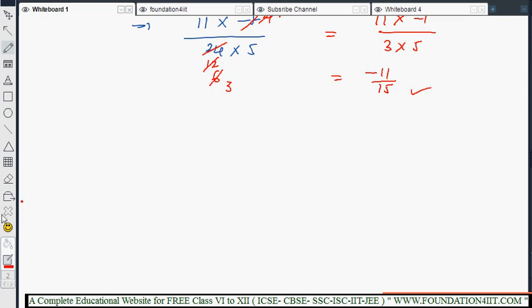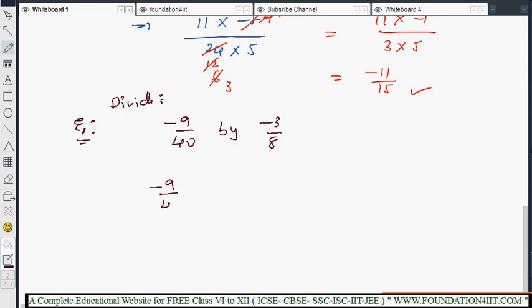One more example I'll take, so you'll get a clearer idea. Example: divide -9/40 by -3/8. As per the rules, -9/40 divided by -3/8 is written as -9/40 into the reciprocal of -3/8, which is -8/3; make it a positive denominator.